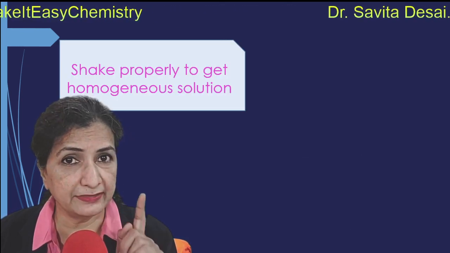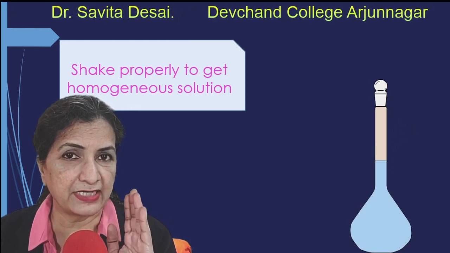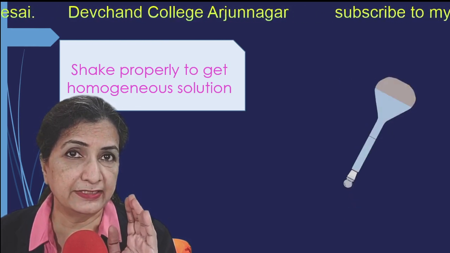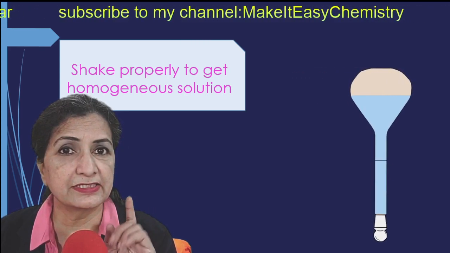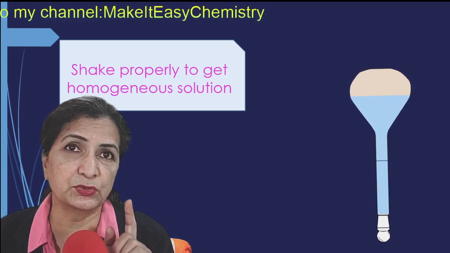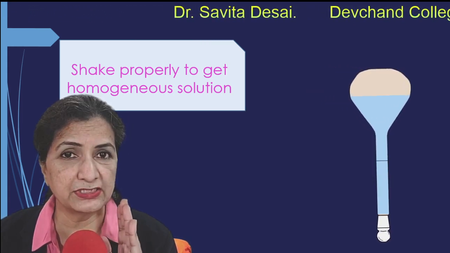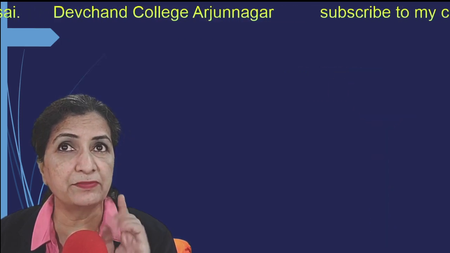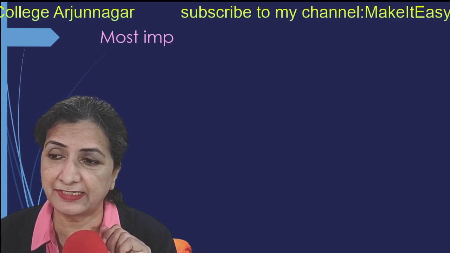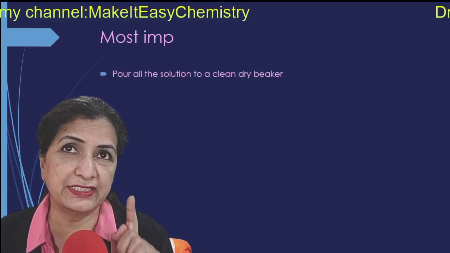Then we have to shake this properly to get a homogeneous solution. The flask is corked properly, then inverted and shaken such that the homogeneous solution is obtained. Now we are going to perform the next essential step, that is most important: pour all the solution into a clean and dry beaker.